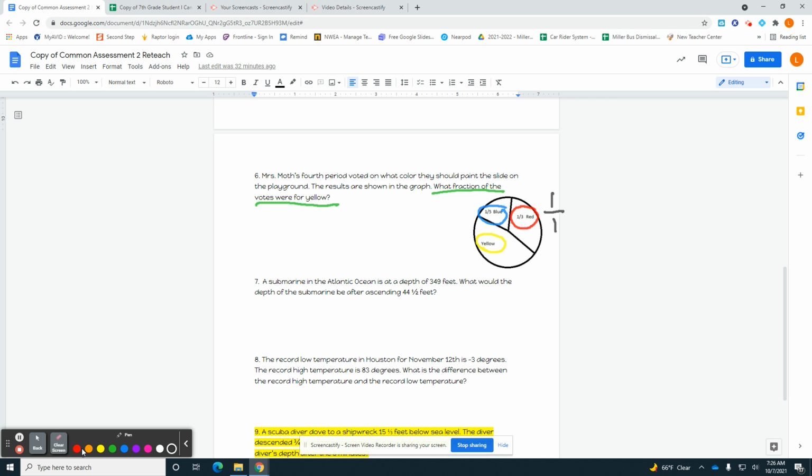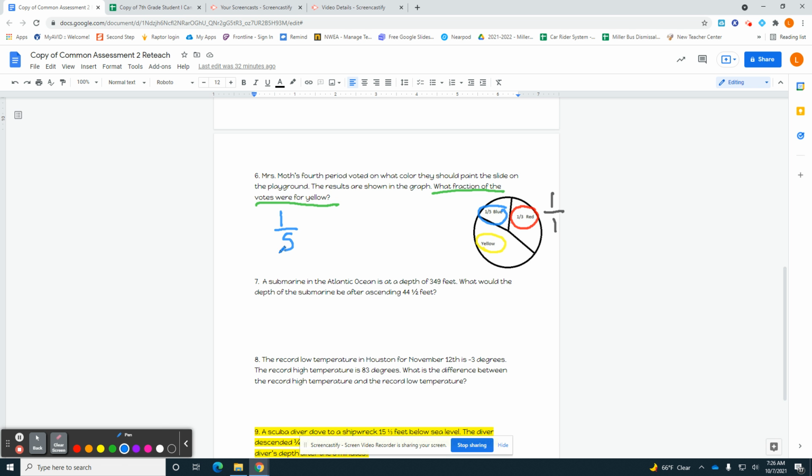So if we want to know how many voted for yellow, you're going to have to do two steps. First of all, we have to figure out how many voted for blue and red before we can figure out how many voted for yellow. Once we have how many voted for blue and red, we have to do one other operation to figure out how many voted for yellow.